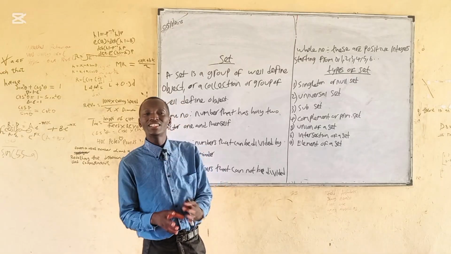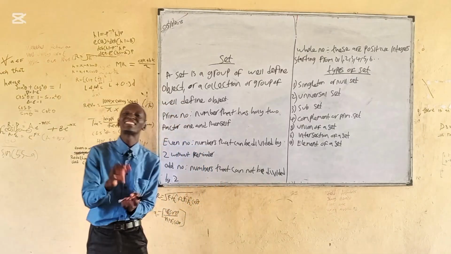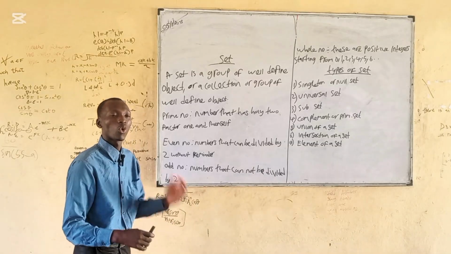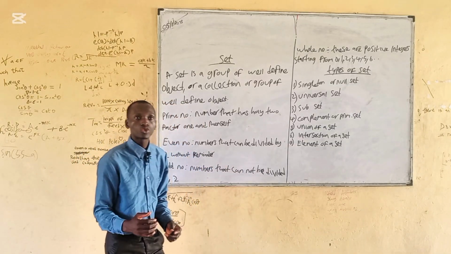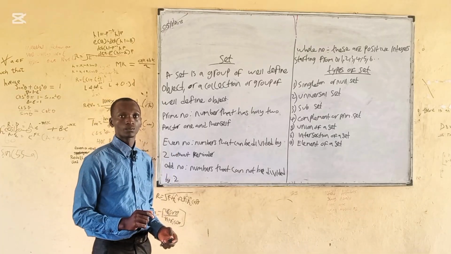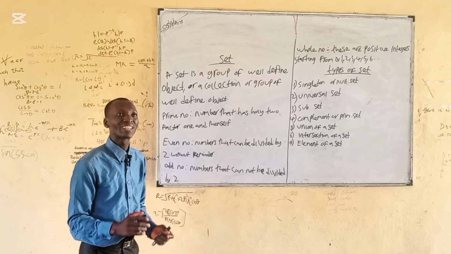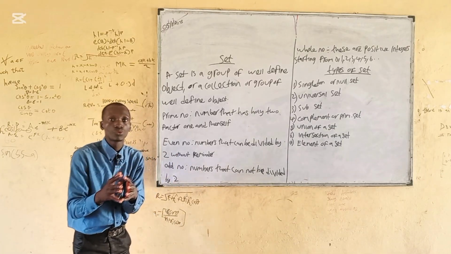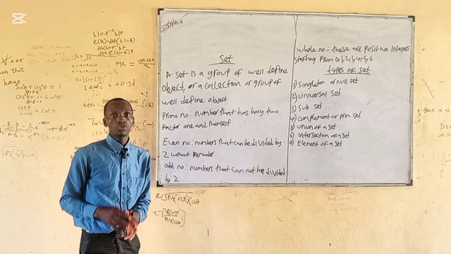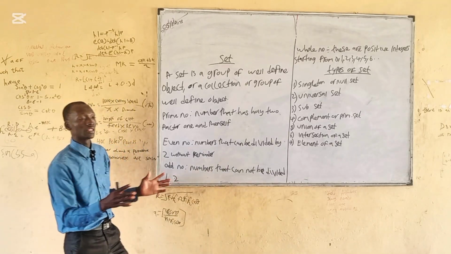Now that set is a concept because the object is well defined. The object has a purpose, and that's why we call it a set. You can't just bring a single spoon and call it a set. No. The objects have a purpose and they are in a group. Human beings, I can put a department there.